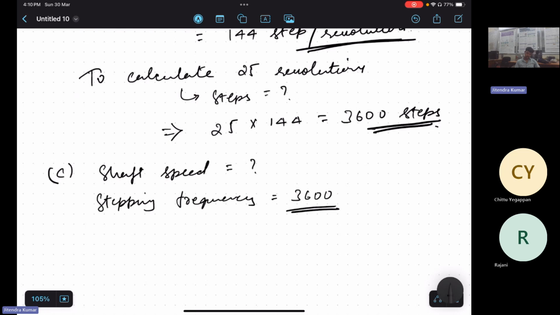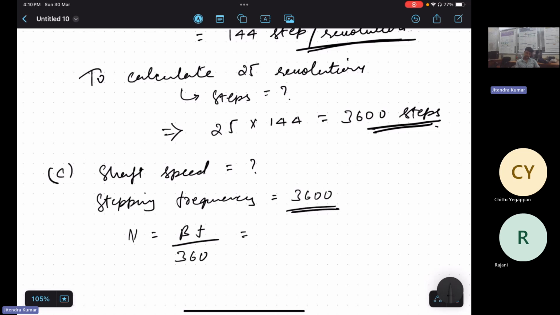What is the expression of shaft speed? 120 F by P is fine, but we do not have the number of poles provided. Beta F by 360, sir. Yeah, beta F by 360, exactly.